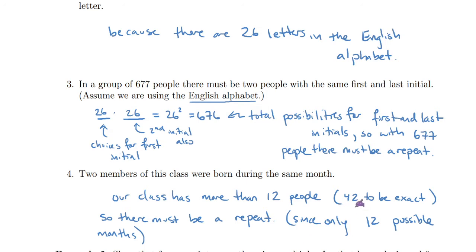All right. In fact, it's kind of interesting to think about how large this number is and how many repeats you could actually be guaranteed, right? Once you get beyond 24, does that guarantee there have to be 3 people with the same birth month? That might be an interesting generalization. Once you get to the 25th person, you could have had 2 distinct people for each month, that would be 24.